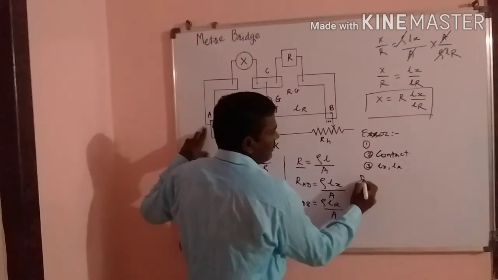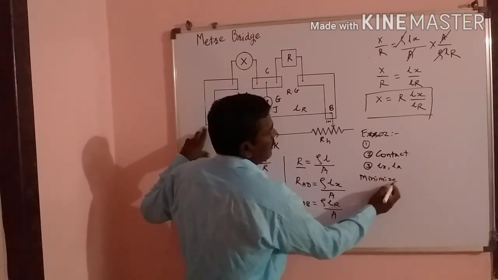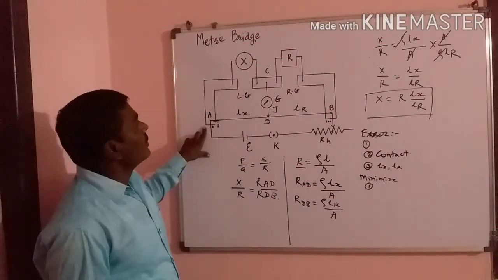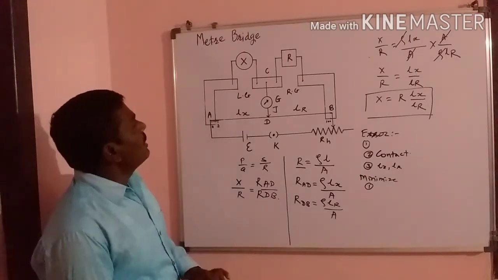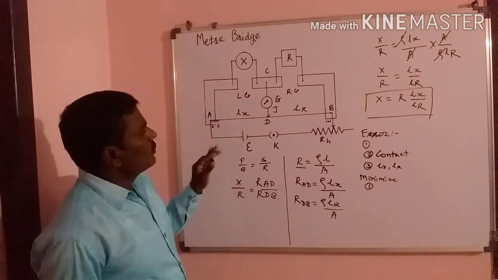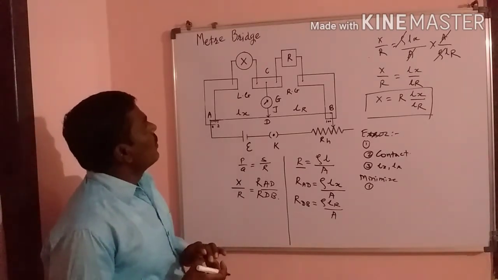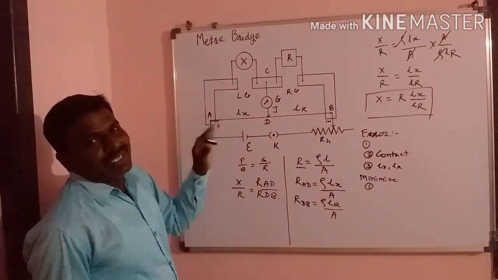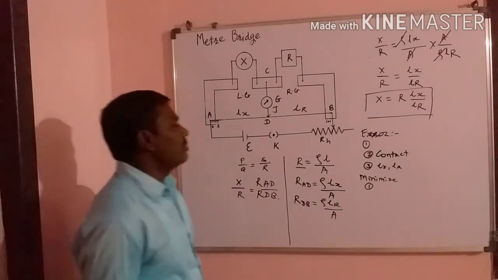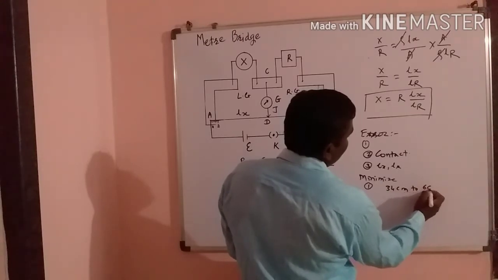How do we minimize these errors? To minimize the error, we should use a uniform wire, and take the value of the known resistance in such a way that the null point is obtained between 34 centimeter and 66 centimeter.